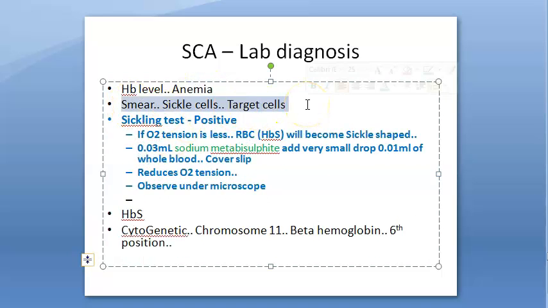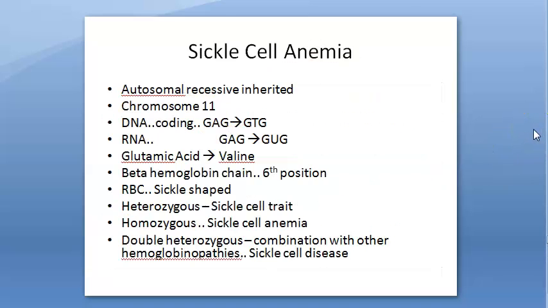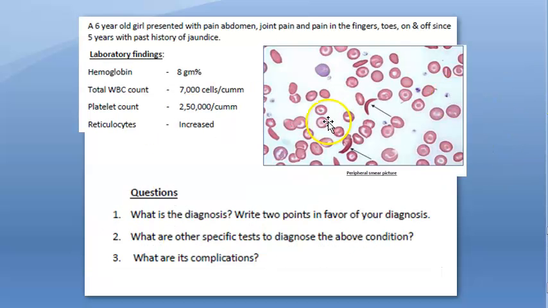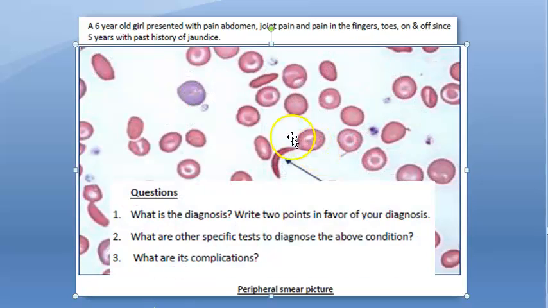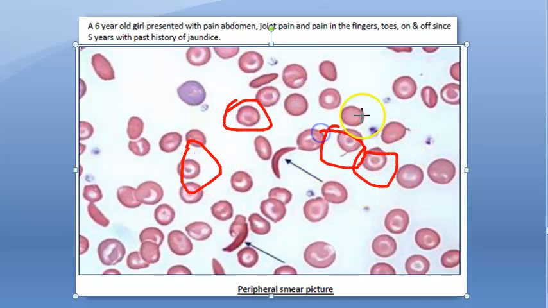Then in the peripheral blood smear, you can see the sickle cells. You can also see some target cells, Howell-Jolly bodies, etc. Have you seen the target cells here? See, these are the target cells, so many beautiful target cells, like how you want to shoot them in the center.